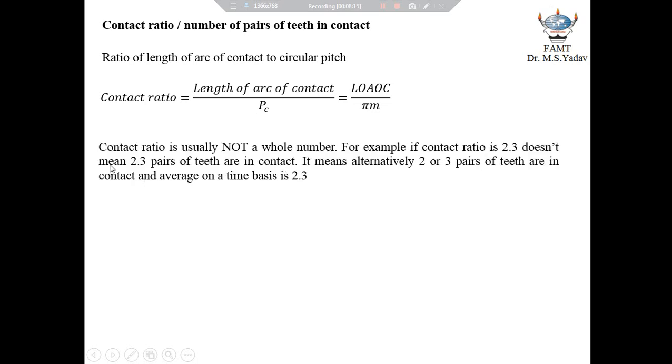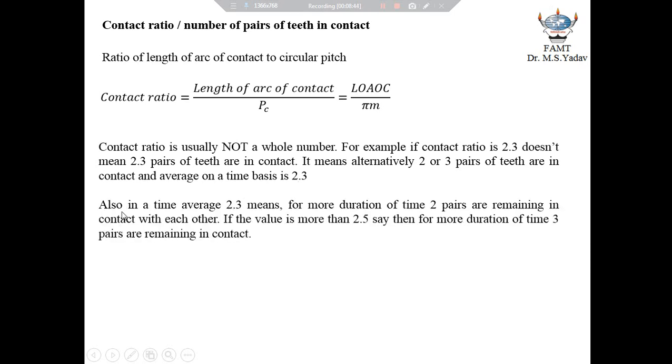Contact ratio is not a whole number usually. For example, if contact ratio is equal to 2.3, it doesn't mean 2.3 pairs of teeth are in contact. It means alternately 2 or 3 pairs of teeth are in contact, and the average on a time basis is 2.3.